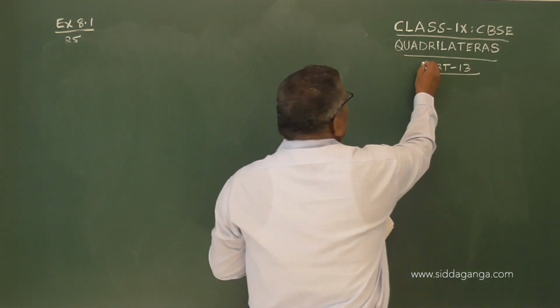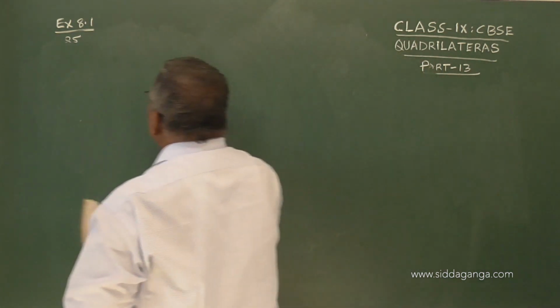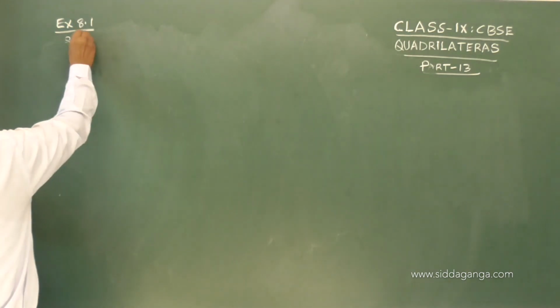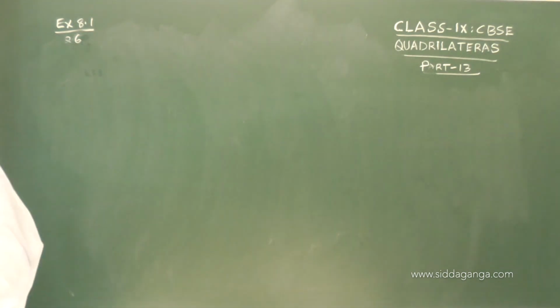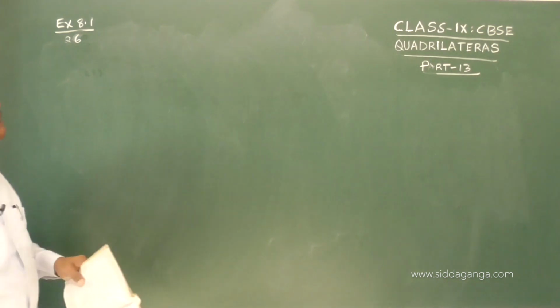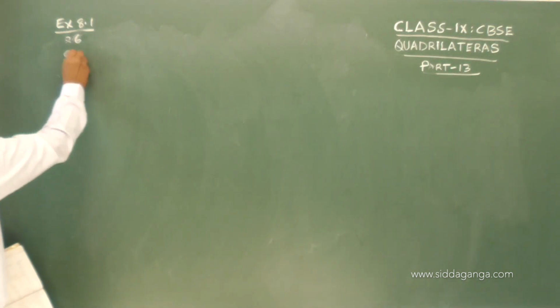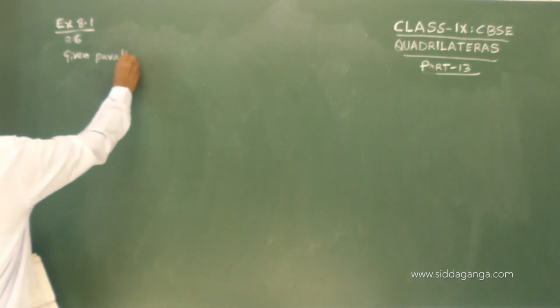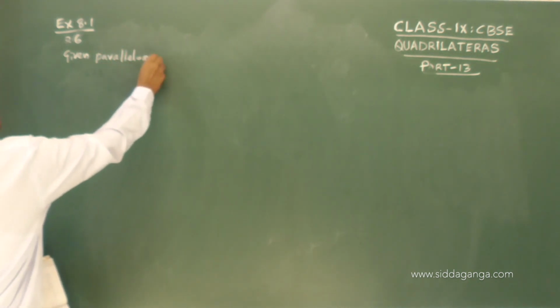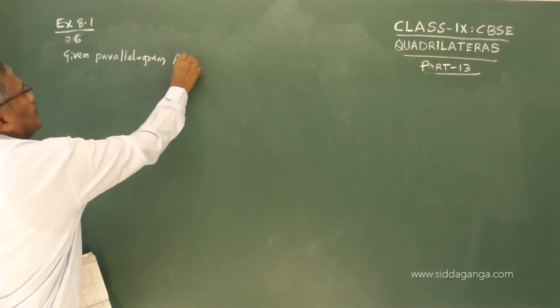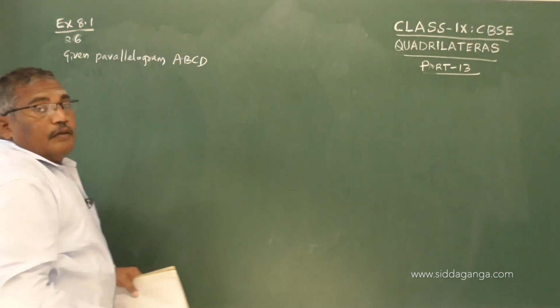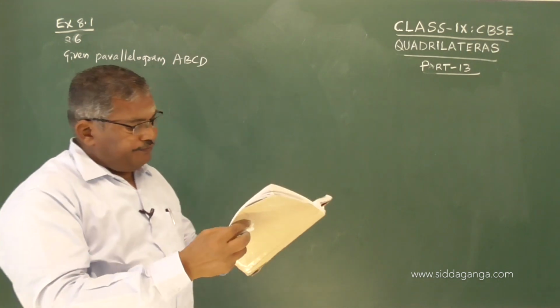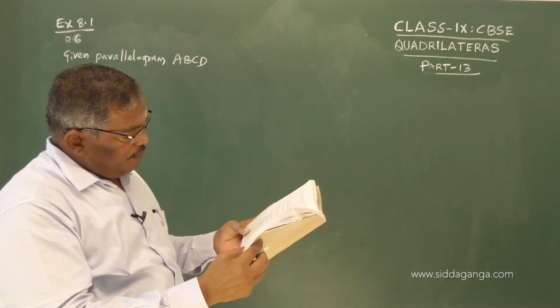So, this is the next question, question number 6. Diagonal AC of a parallelogram ABCD. Given parallelogram ABCD, you can see the problem from the textbook.